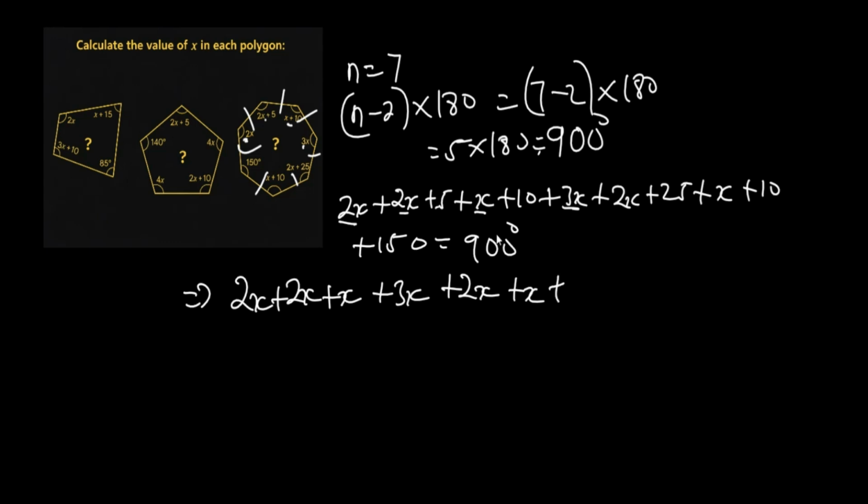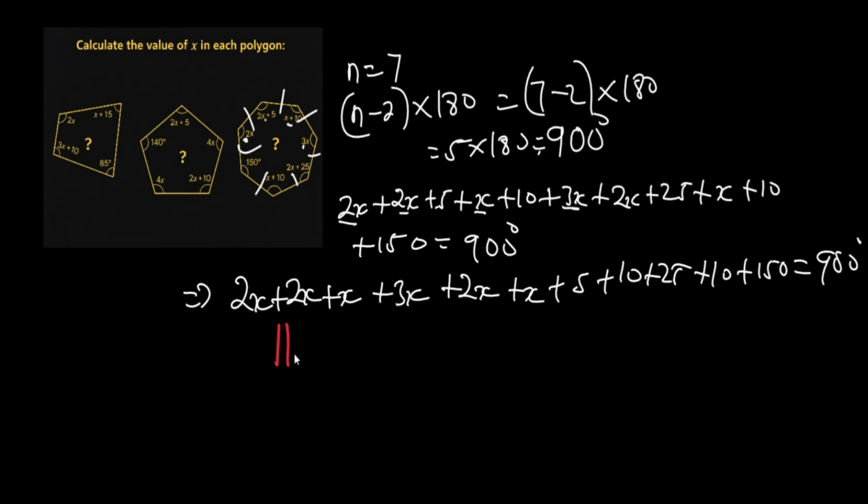I have 5 and then 10, then 25, 10, and then 150, which should be equal to 900 degrees. Now 2x plus 2x is going to give you 4x. 4x plus x is 5x, and then 5x plus 3x is 8x. 8x plus 2x is 10x, and then plus x is 11x.